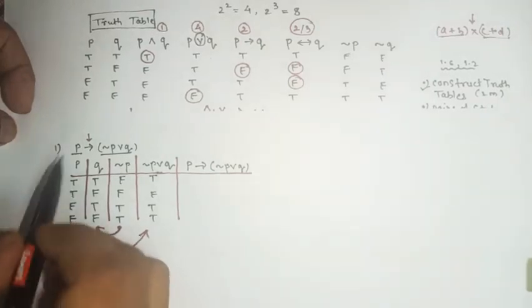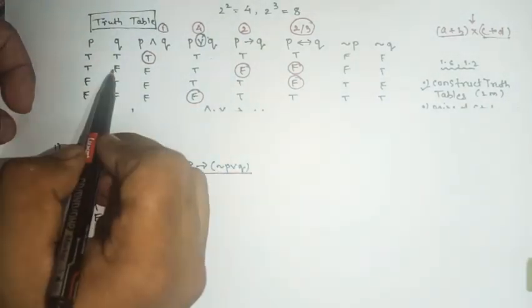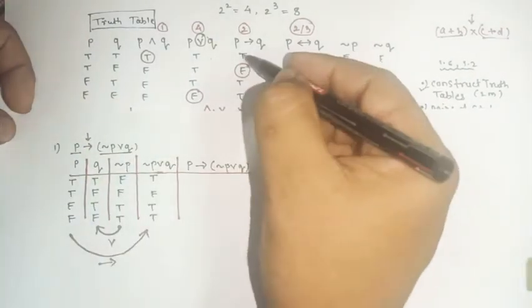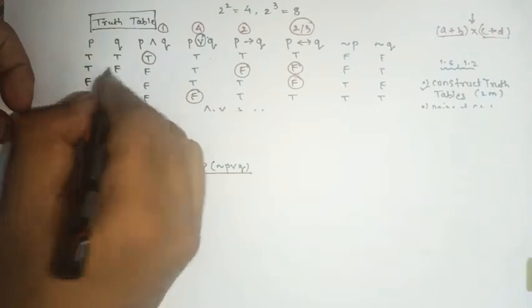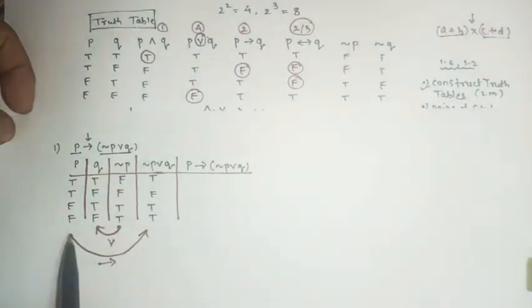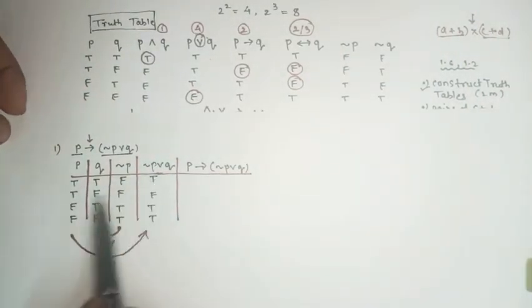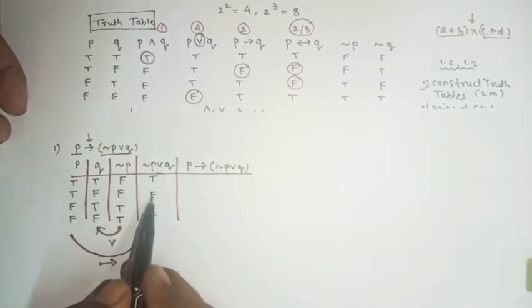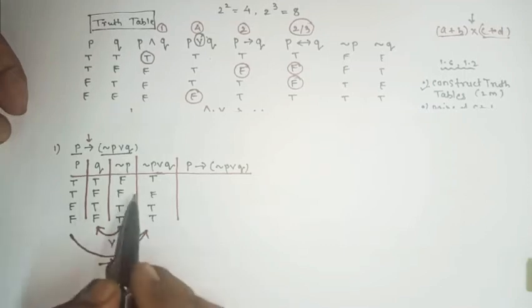We only have to check for true false, because when it is true true, false true, false false, the answer is true only. Only check for true false, true false, true false. Can I say it is there in the second row?